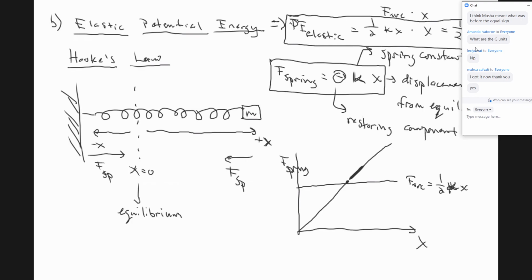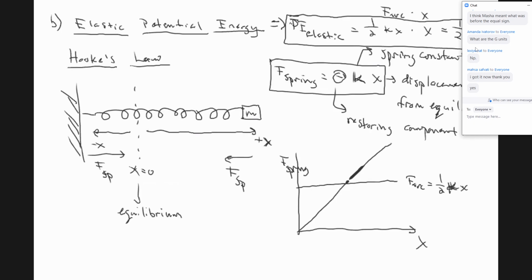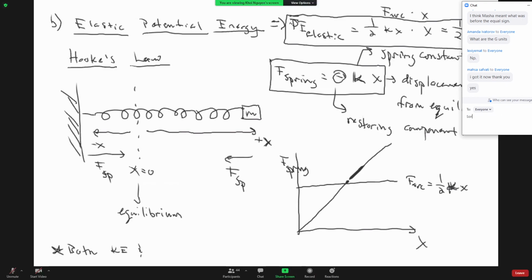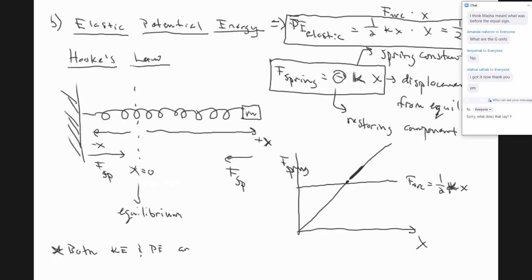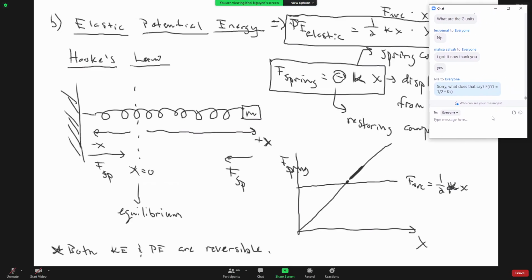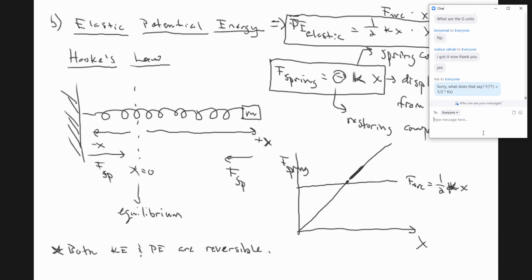The third type of energy that you guys need to know, but first, the cool thing about kinetic and potential energies, let's go back one slide, is that both KE and PE are reversible. So what does it mean to be reversible? That means that I can do work on my system and get back that energy. It says average force, F average.